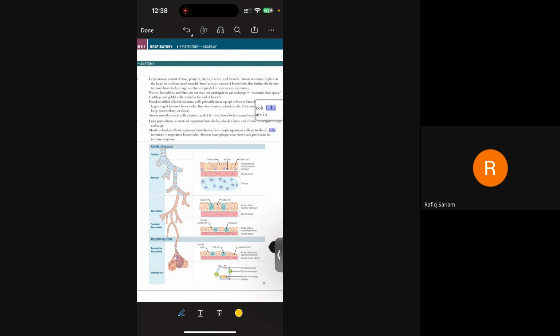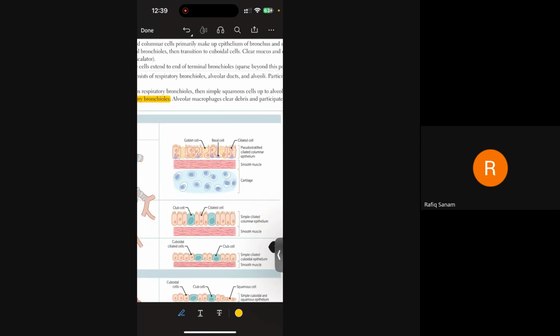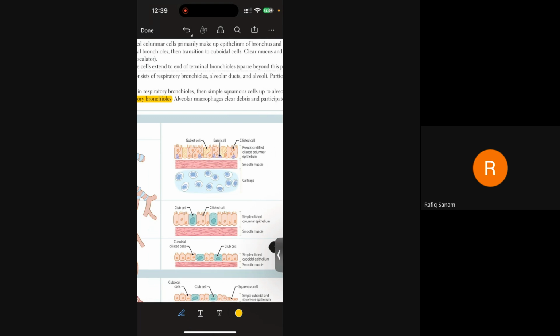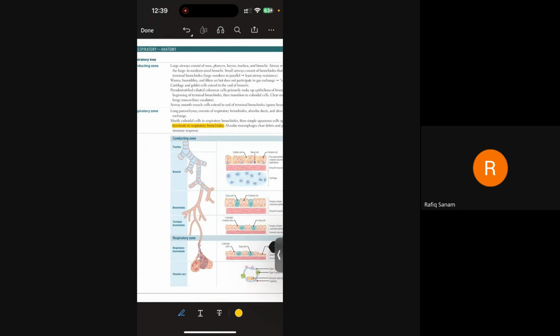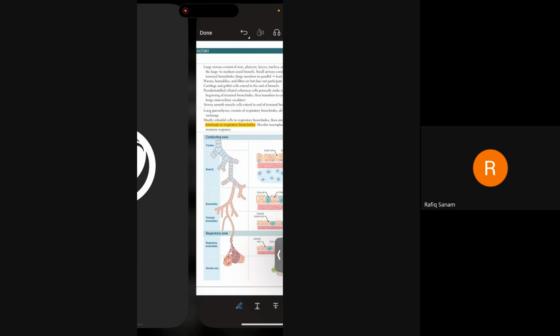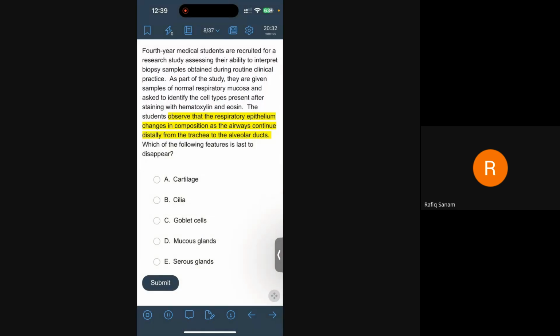Cilia terminate in respiratory bronchioles. This is cartilage. Cartilage is going to be absent at the level of bronchioles, so cartilage is cancelled.